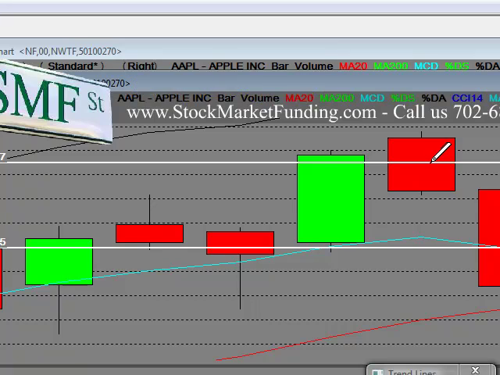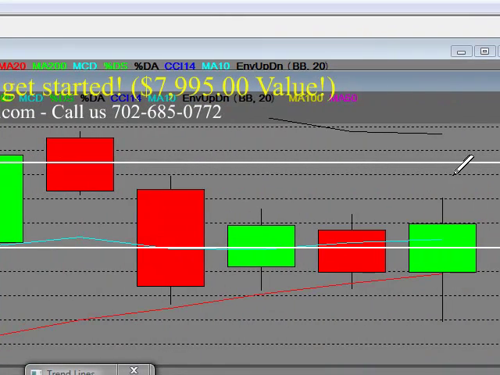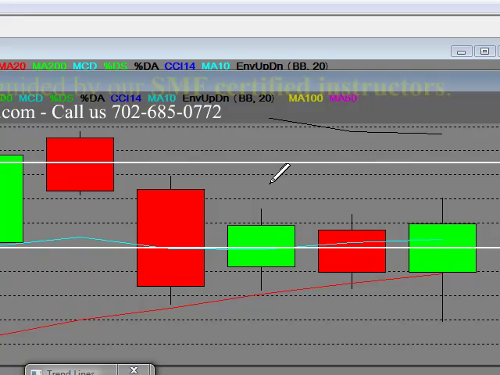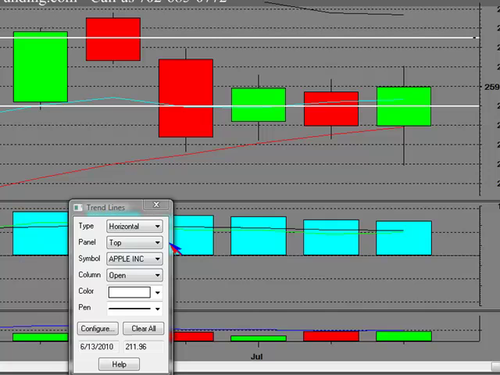472.57 is the upward target of that downtrend right there. The next area and closing price would be above this weekly bar right here.